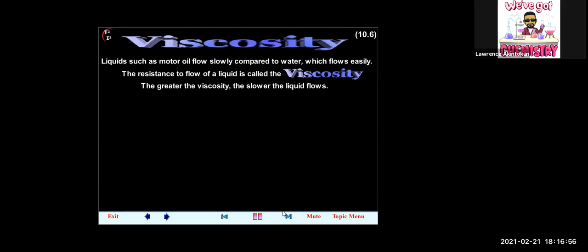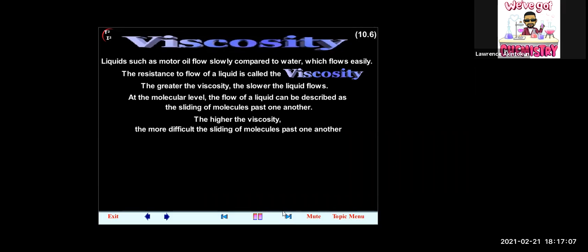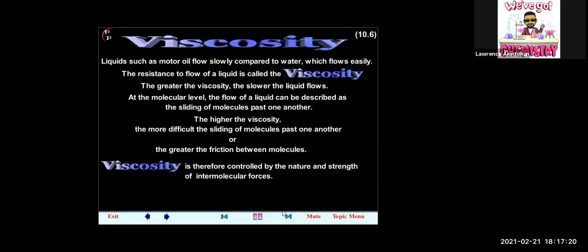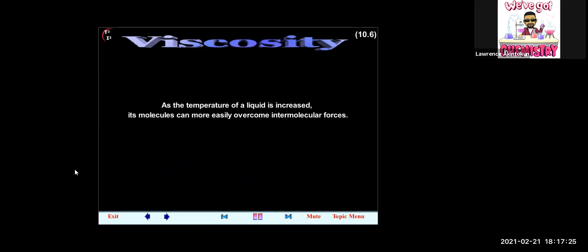The greater the viscosity, the slower the liquid flows. At the molecular level, the flow of a liquid can be described as the sliding of molecules past one another. The higher the viscosity, the more difficult the sliding of molecules past one another, or the greater the friction between molecules. Viscosity is therefore controlled by the nature and strength of intermolecular forces. As the temperature of a liquid is increased, its molecules can more easily overcome intermolecular forces. This results in a lower viscosity.